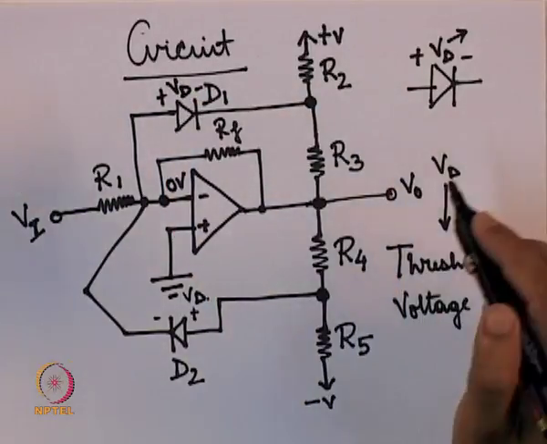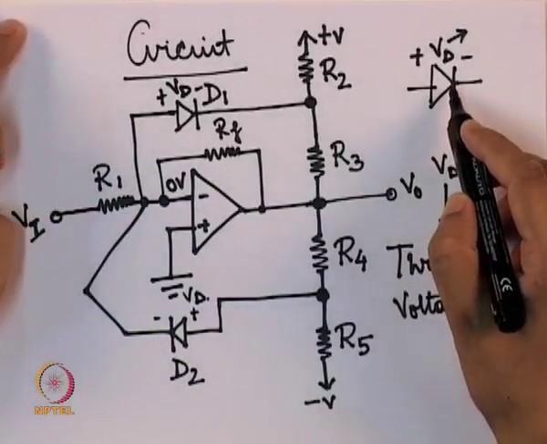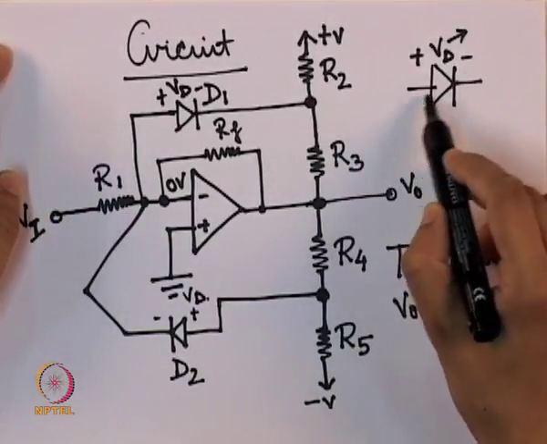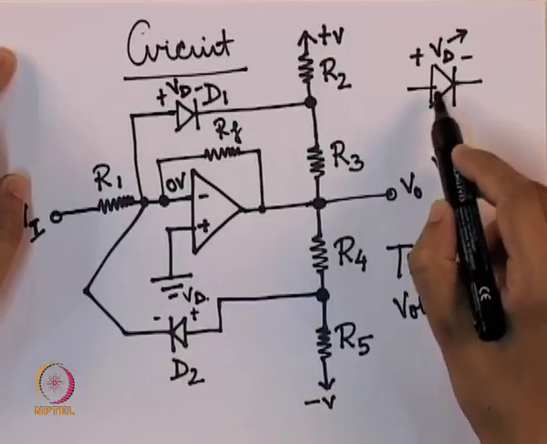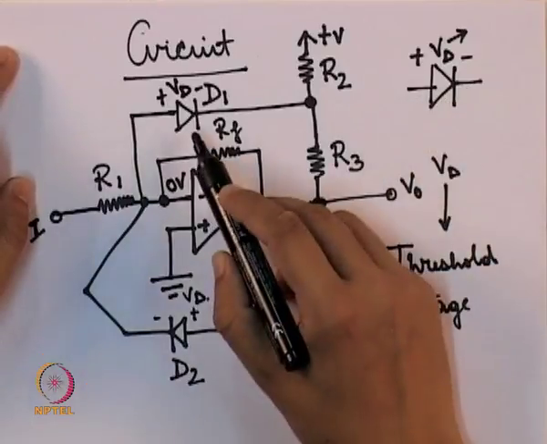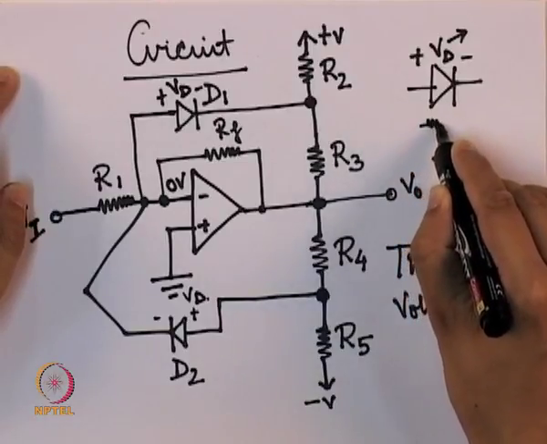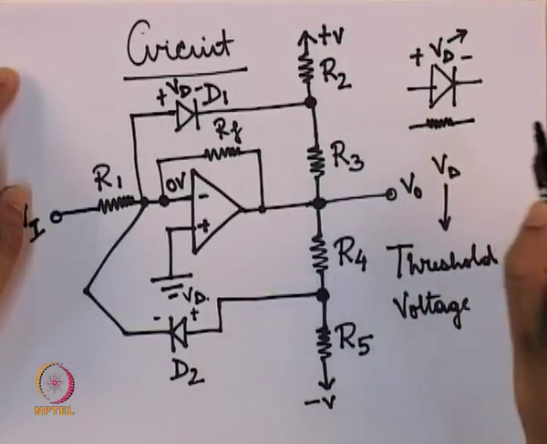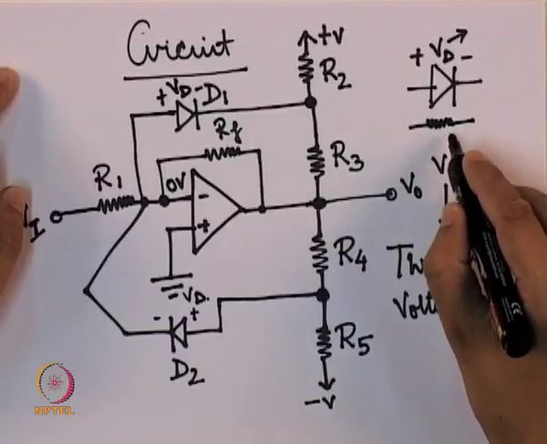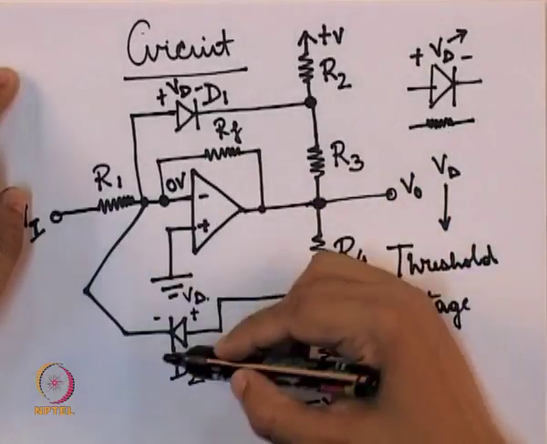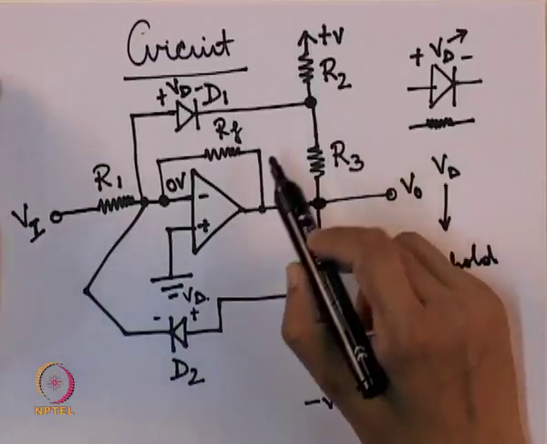Okay. Now, as I said, a diode is a device that allows current to pass in only one direction. A diode has some minimum internal resistance also, but it is a very small resistance, and for this particular circuit we shall ignore it.